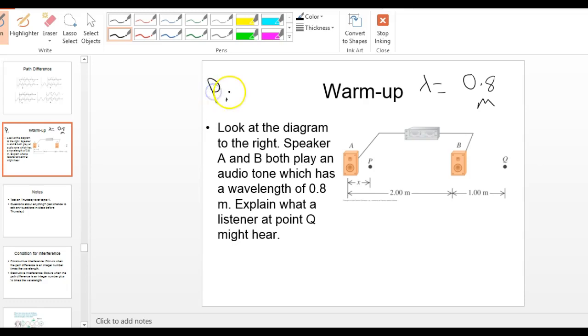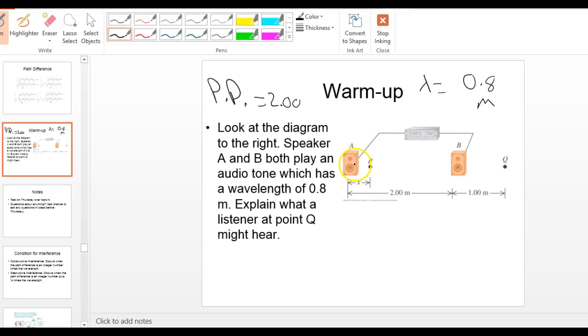Now you might say, how am I getting the path difference is 2 meters? Well, because if you look at speaker A, it is 3 meters from point Q, and speaker B is 1 meter from point Q. And so the wave that travels from B to Q has less distance to travel, and the wave that travels from speaker A to point Q has a longer distance to travel.